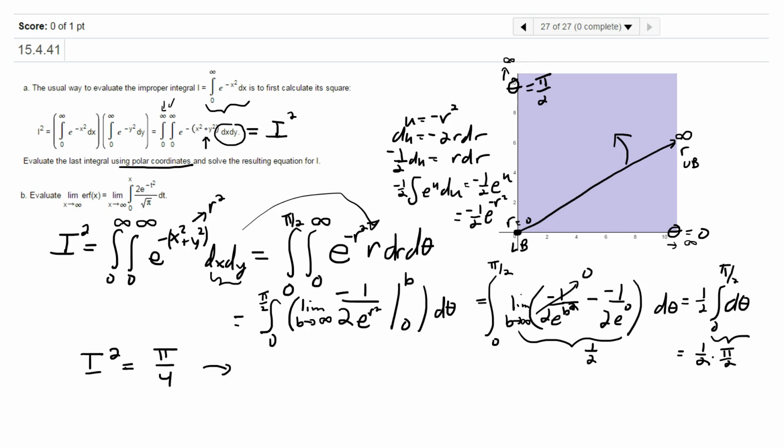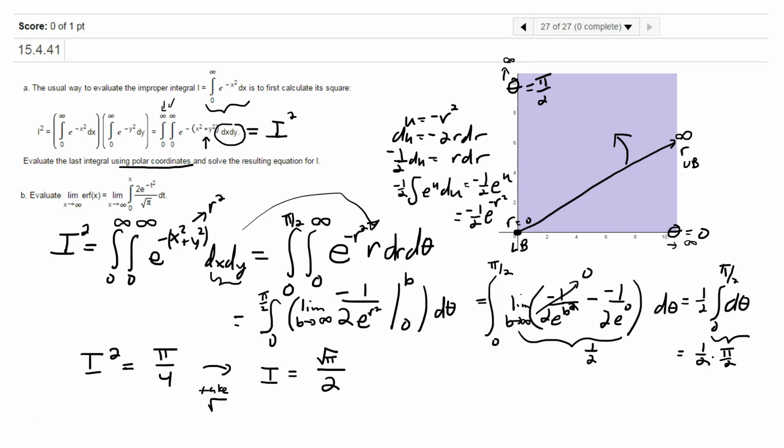Which in turn would mean that I, taking the square root, is the square root of pi, and that whole thing is divided by 2. The answer to A is square root of pi over 2.